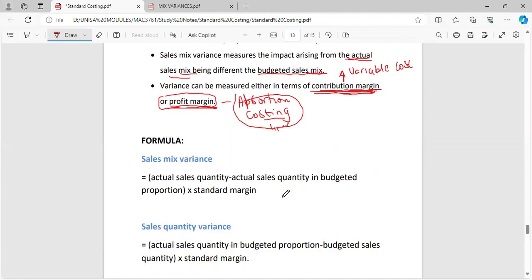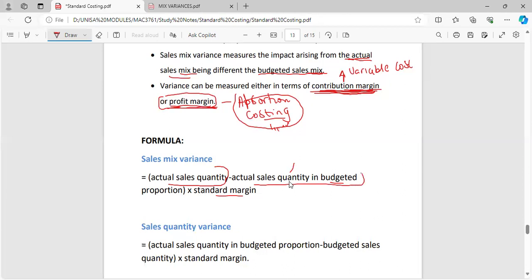Right, so let's look at the formula: the sales mix variance is the actual sales quantity minus the actual sales quantity in budgeted proportion, times the standard margin. So it's still the same as the first one, which means we're going to have the actual minus actual quantity in budgeted proportion.